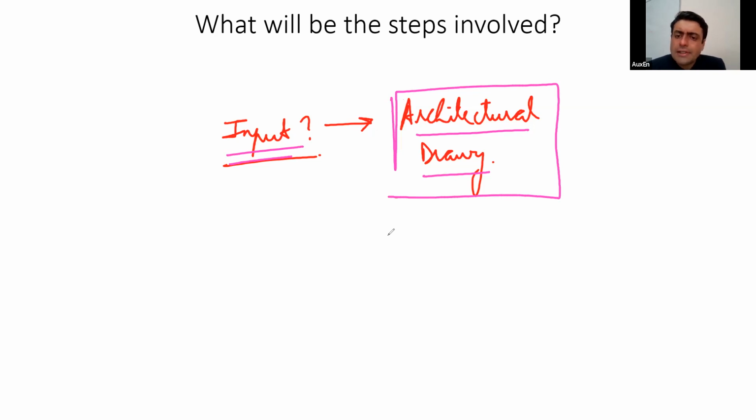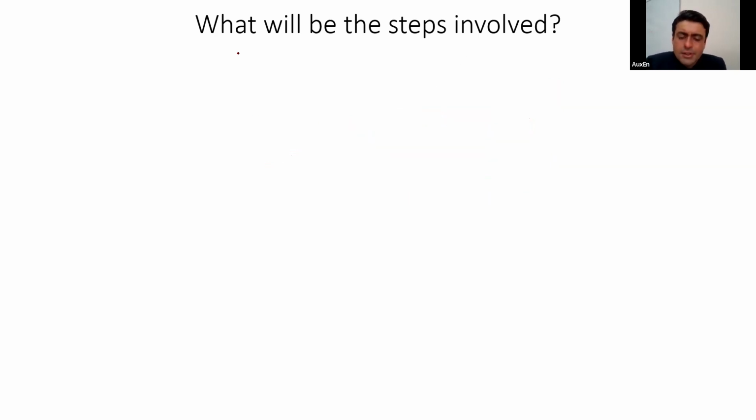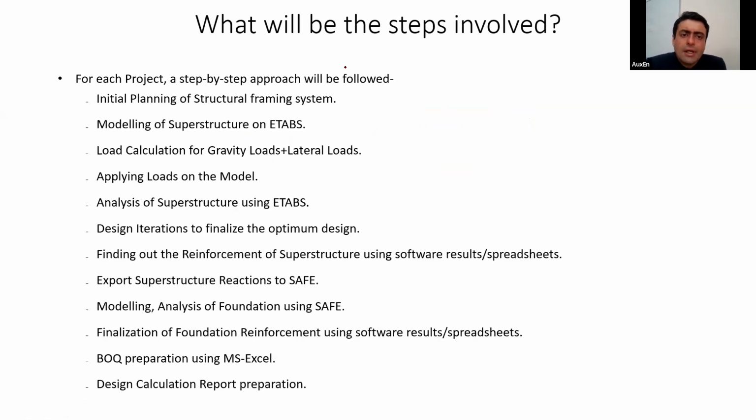Once you get your architectural drawing, what will be the first step that you will do with it? You will not straight away go for modeling or analysis. We will, of course, go for the initial planning of structural framing system. Okay. What do I mean by this?